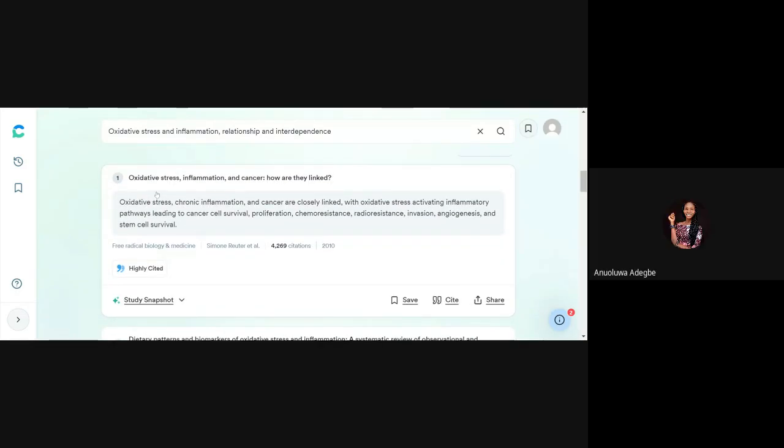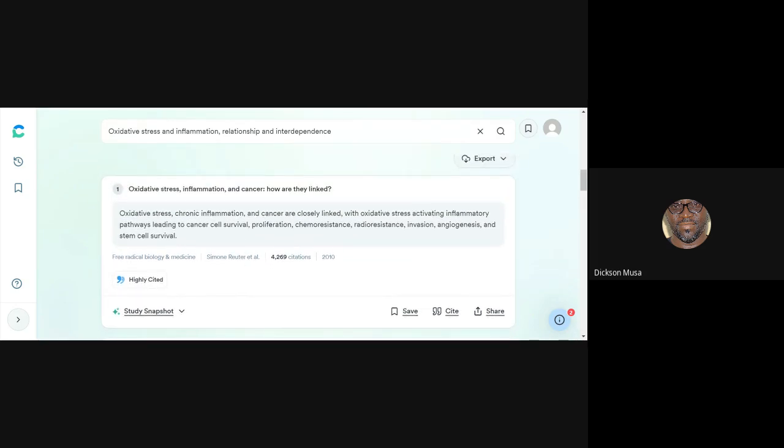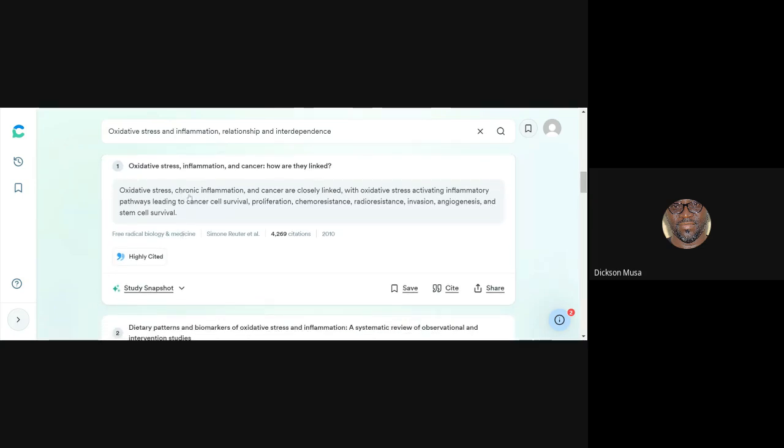For each paper, it gives a little snapshot about it. I don't have to read the entire abstract. For this paper, for instance, it tells me oxidative stress, chronic inflammation, and cancer are closely linked, with oxidative stress activating inflammatory pathways. If this interests me, I can open the paper to read it.